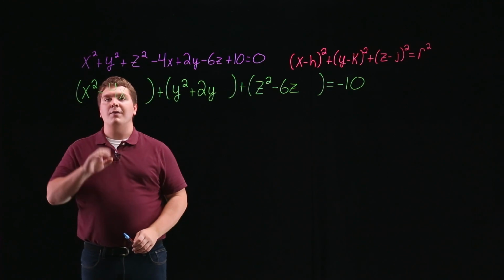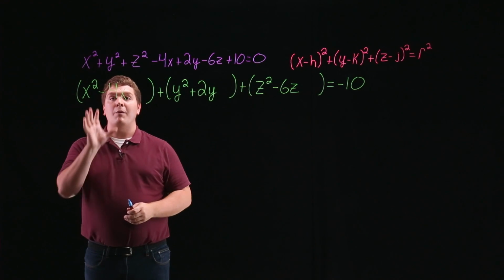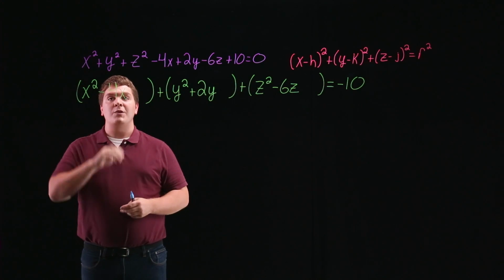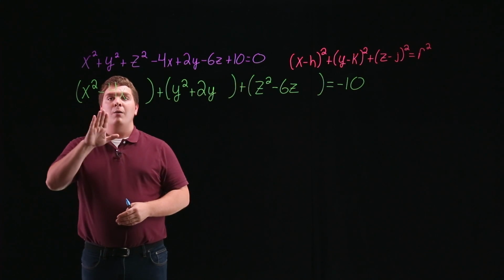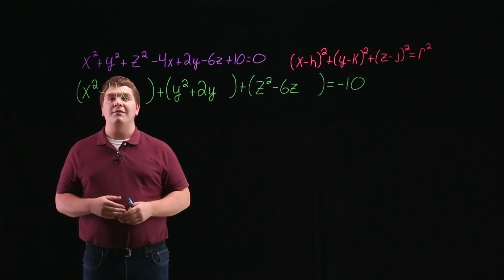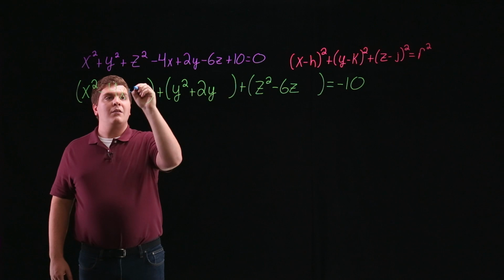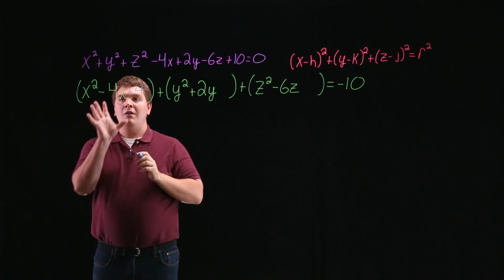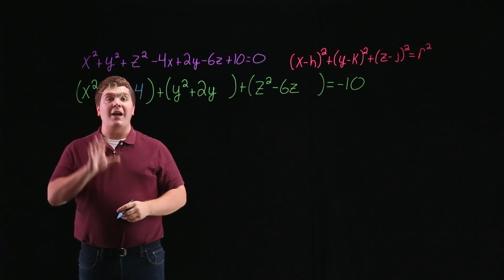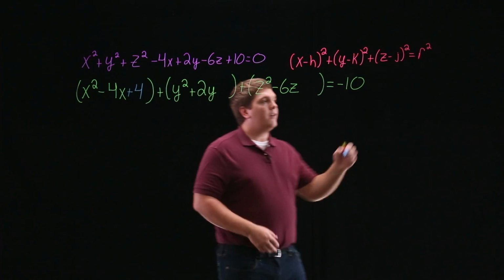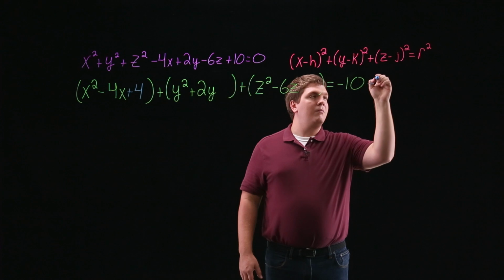Here we have x squared minus 4x, and we want to turn this into a perfect square. We'll think about our b term, which is negative 4. We'll divide that by 2, which gives us negative 2, and we'll square it. So we're going to add 4, and since we added 4 to the left-hand side, we also have to add 4 to the right-hand side.